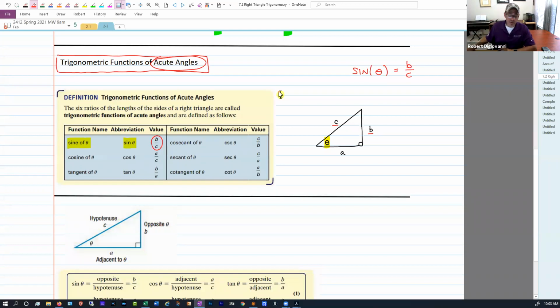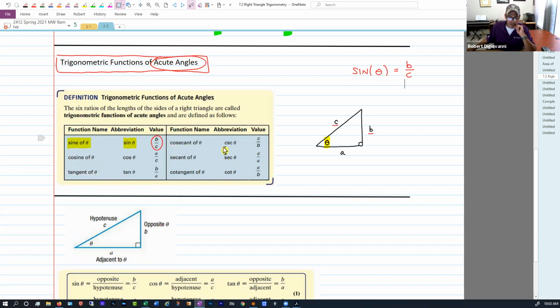And then we have the other 5. And I'm not going to go through each one of these. I'm just going to go through their names. The next one is cosine of theta. That's the way we write it. And it's A over C. Tangent theta, written tan theta, is B over A. And then we have what are called the reciprocal ones, but we'll get to that in a minute.